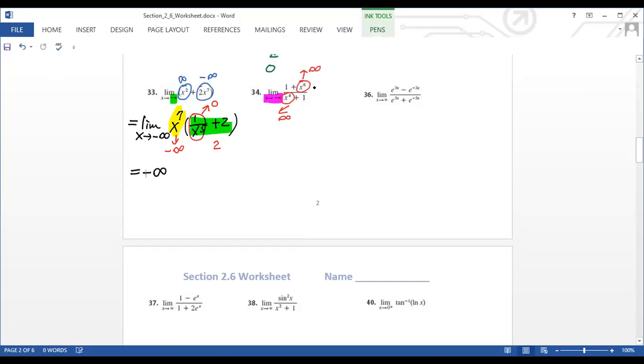What is the exponent here? This is 6, and what is the exponent here? This is 4. So we know 6 is bigger than 4.